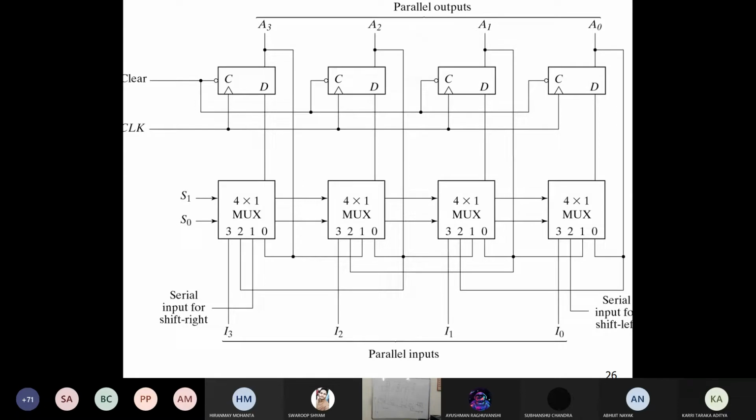Fresh input is coming this side, no? 2. Then 1 should be connected to the 2 of the next mux. Then how should it be?